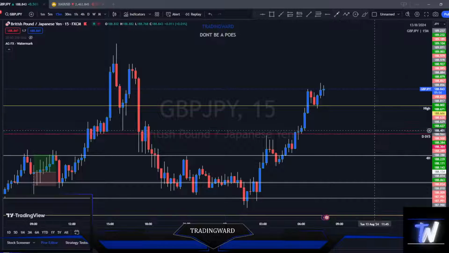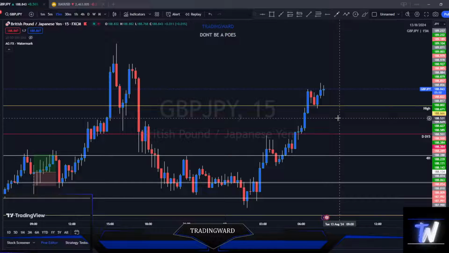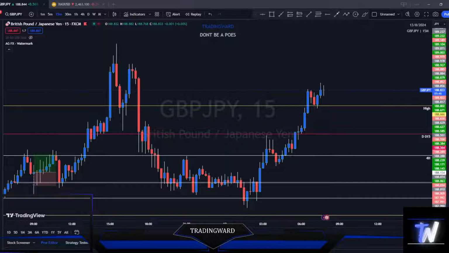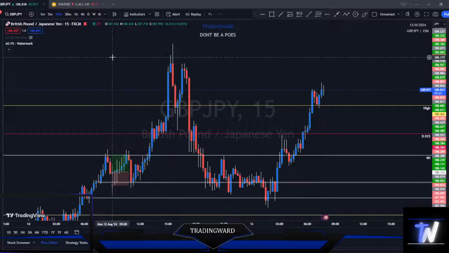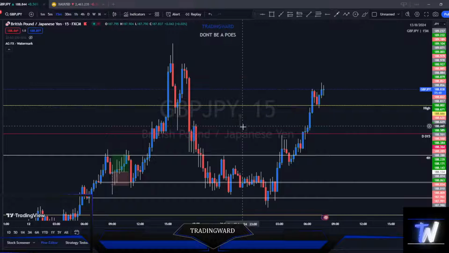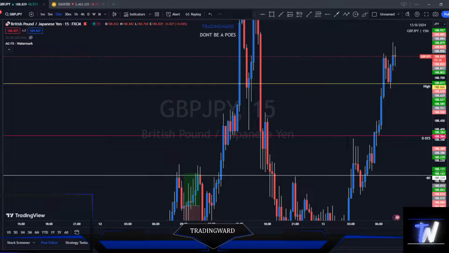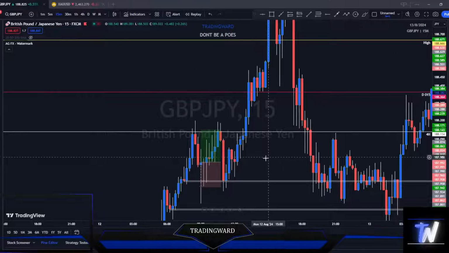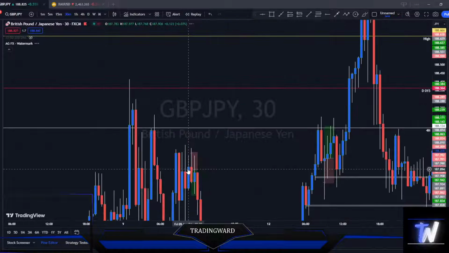So, question this morning: when looking for my setups, do I look for it on the 15 or 30, or how do I draw my zones? Yesterday was a good example of the trade that I took.